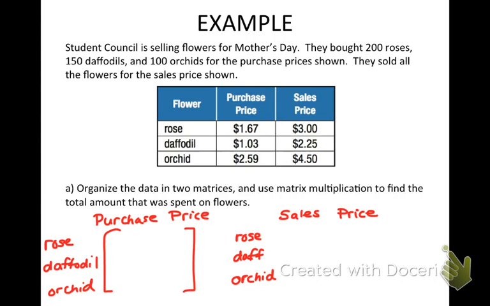Well, so now we need to decide, did I only buy one rose? No, how many roses did I really buy? 200, so what's 200 times 1.67? Who can help me? Don't worry, guys. I've got it. 1.67 times 200. 334.